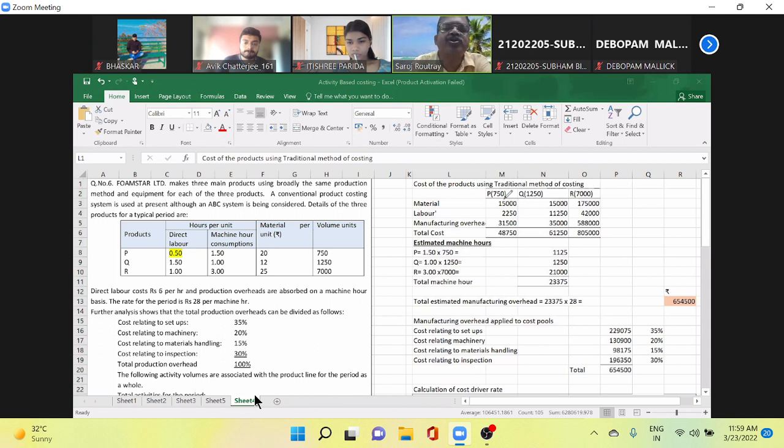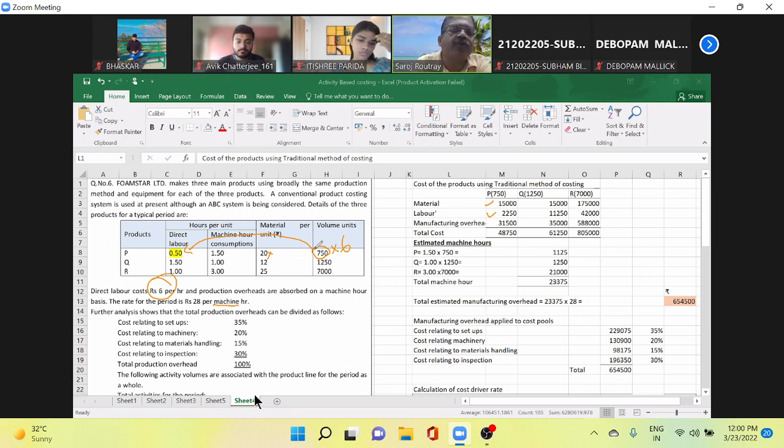The material cost is 750 into 20, 15,000. Labor cost is 750 into 0.50 multiplied by labor cost per hour 6, 2,250. Manufacturing overhead is on the basis of machine hour.